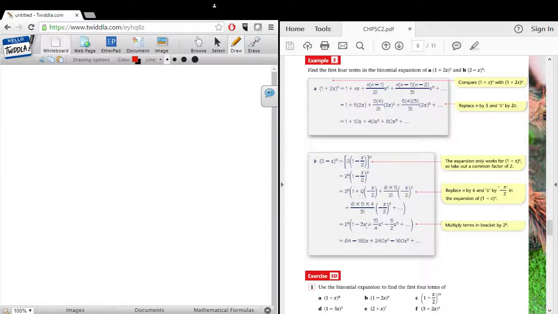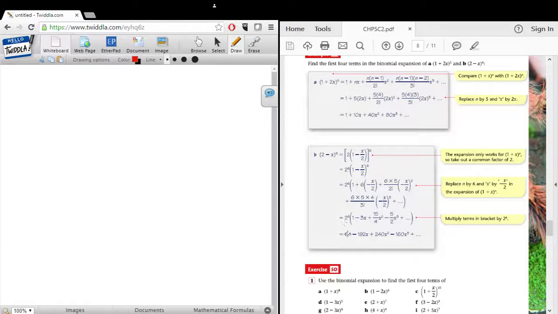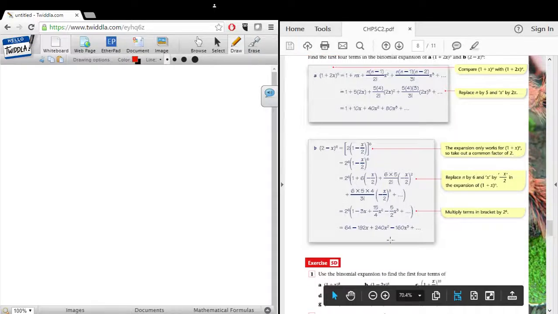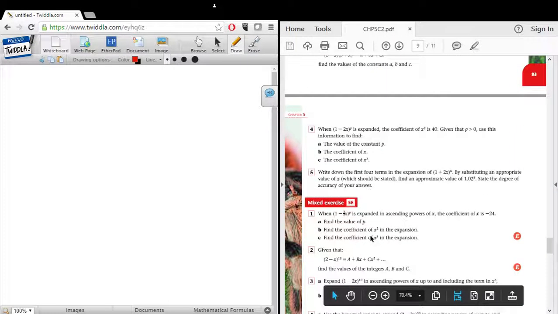And then again, they've used what they know of the question using this particular form, and then they've multiplied by 2 to the power of 6, which was the factor taken out, at the end.